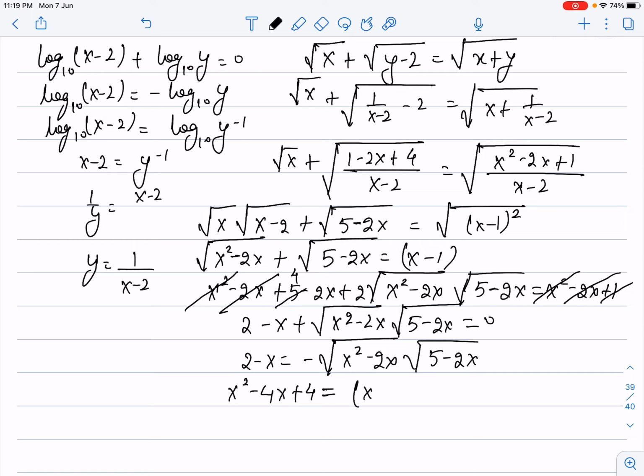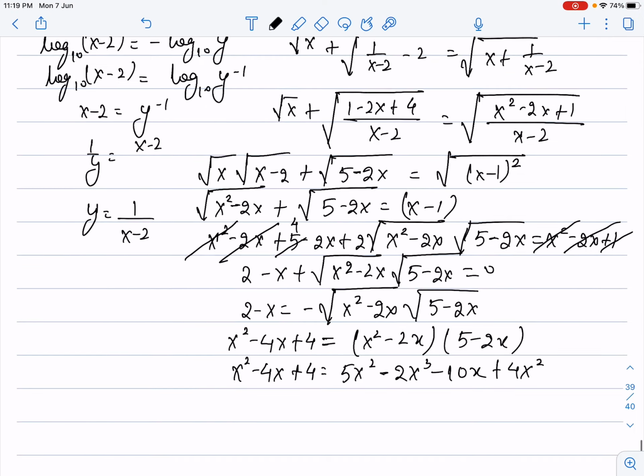is equal to (x square minus 2x) multiplied by (5 minus 2x), and that becomes x square minus 4x plus 4 is equal to 5x square minus 2x cube minus 10x plus 4x square. So finally what is achieved by us?